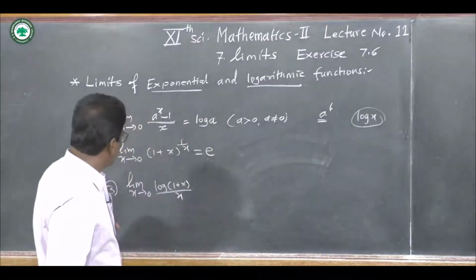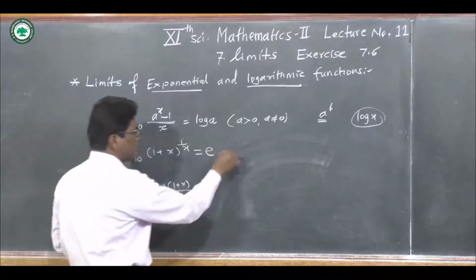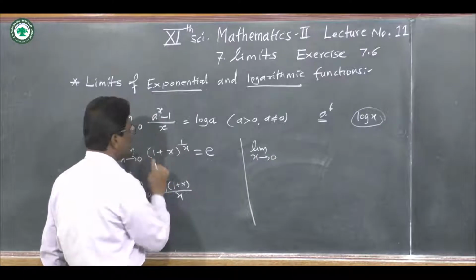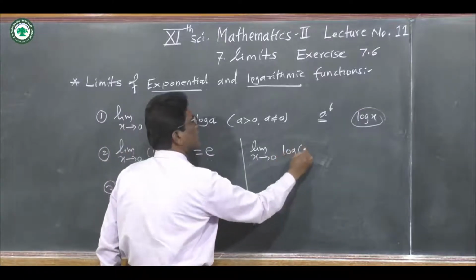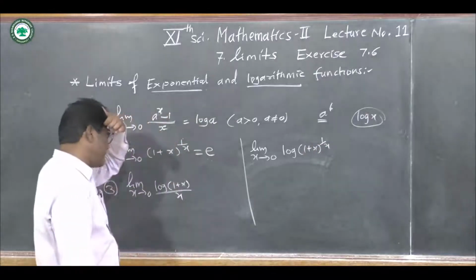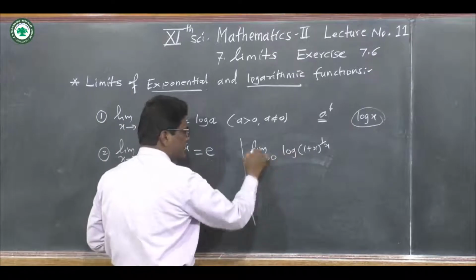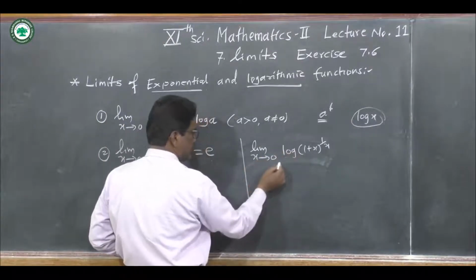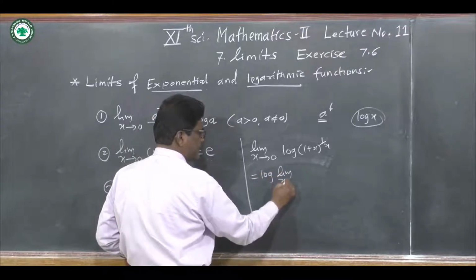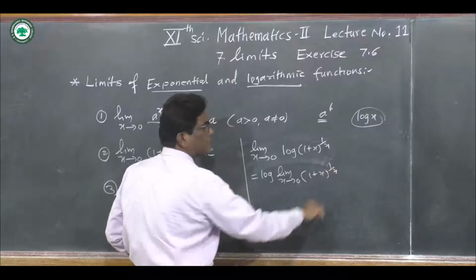Now we obtain the third formula from the second. In the second formula, suppose we take limit as x tends to 0, log of (1 plus x) to the power 1 upon x. Here we take only log. Now take log outside the limit, and we write this as log of limit as x tends to 0, (1 plus x) to the power 1 upon x.